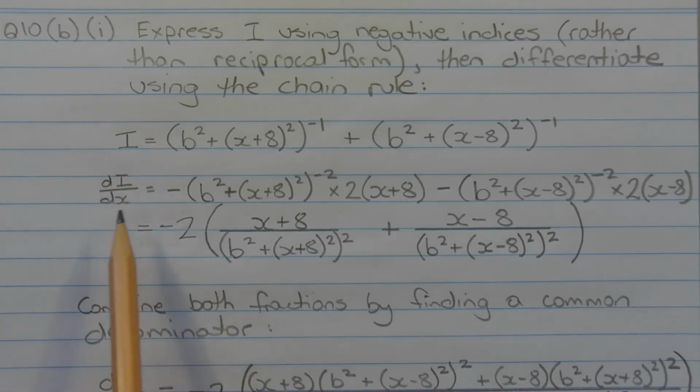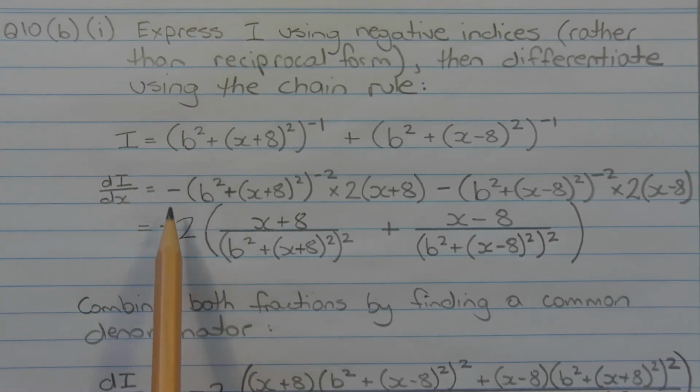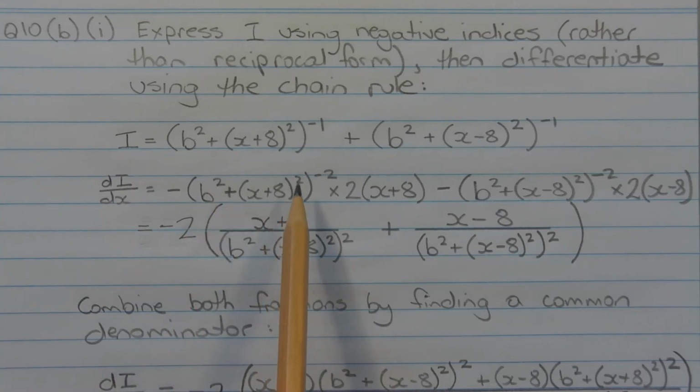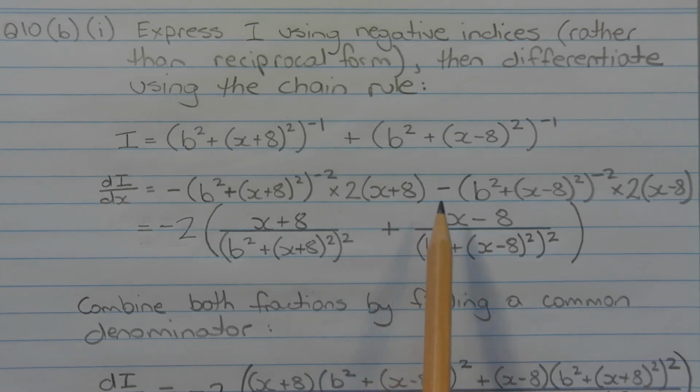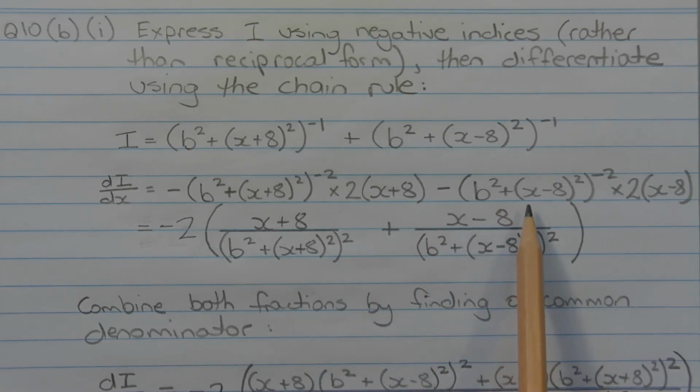So dI/dx can be written as negative (b squared plus (x plus 8) squared) to the power of negative 2 times 2 times (x plus 8), minus (b squared plus (x minus 8) squared) to the power of negative 2 times 2 times (x minus 8).